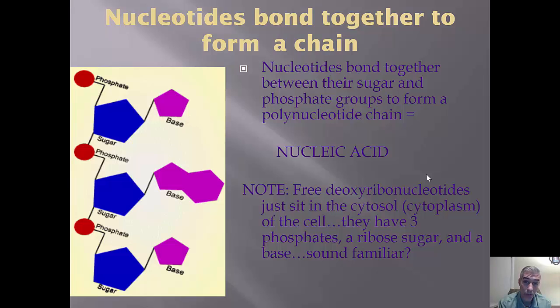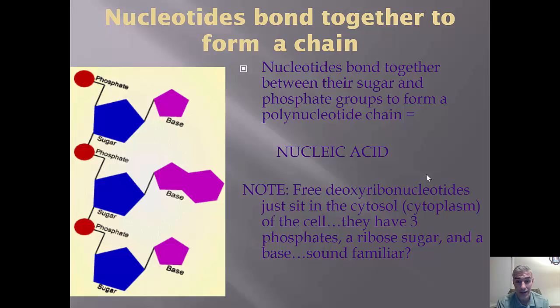Nucleotides will bond together to form a chain, and that chain is called a nucleic acid. So deoxyribonucleic acid, deoxyribose is the sugar that is found in it. And remember, these nucleotides are just sitting in the cytoplasm. The most famous one that's sitting there all the time is ATP, adenosine triphosphate.